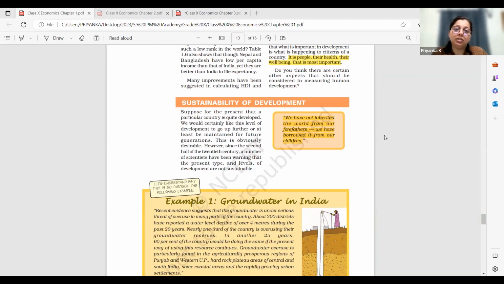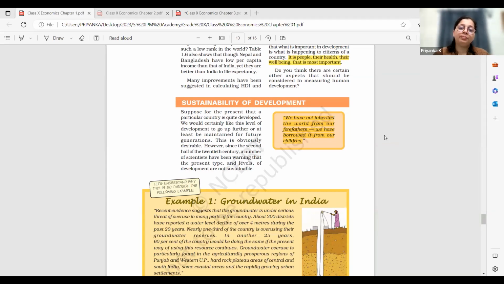But in the current environment, a large amount of natural resources are getting depleted. Groundwater is reducing, pollution is increasing, natural resources are getting disrupted, forests are getting wiped out from our planet. And if this continues, maybe we as the current generation will have better facilities, but the upcoming generations will not have a better world to live in. Maybe they'll have a large amount of income but nothing else.